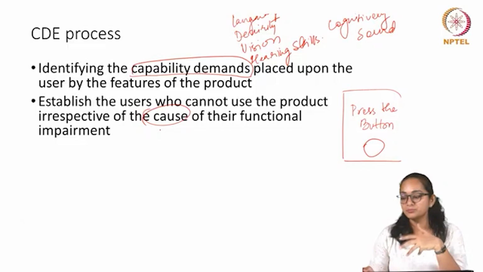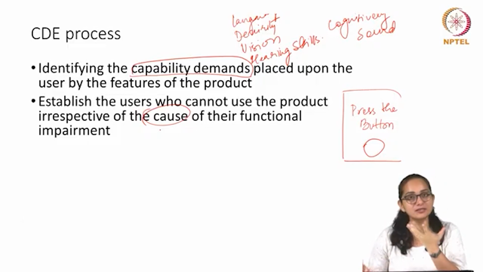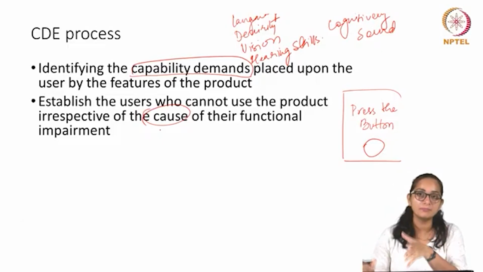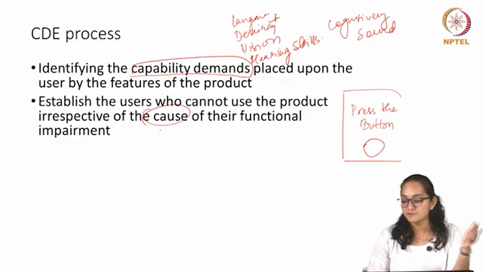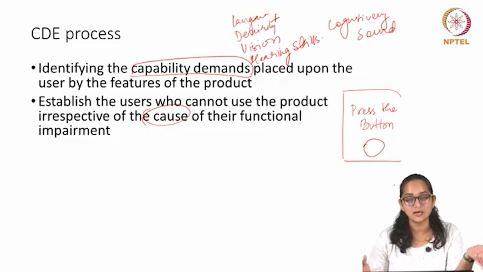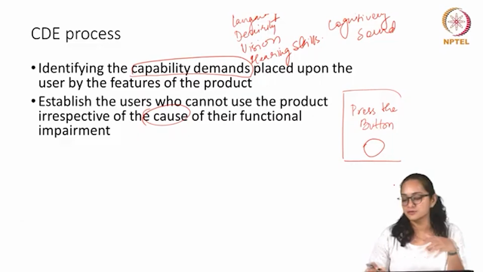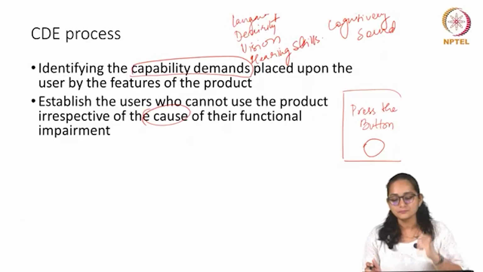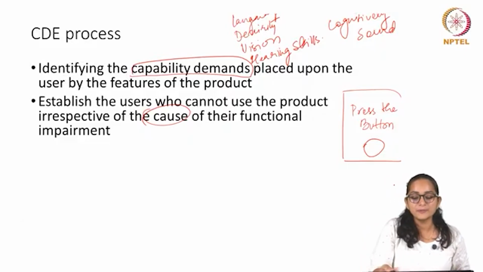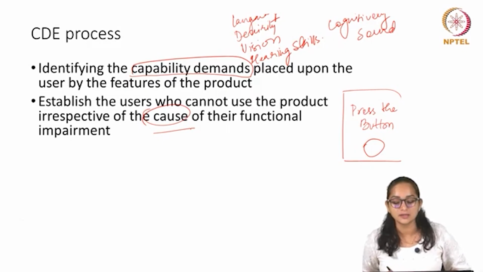So, for example, if this interface is not a digital interface, if it is placed in a factory and it is pitch dark, I will not be able to locate this button and will not be able to press it. If there is no visual cue. So then, irrespective of the cause of their impairment, that is why we are putting it here.